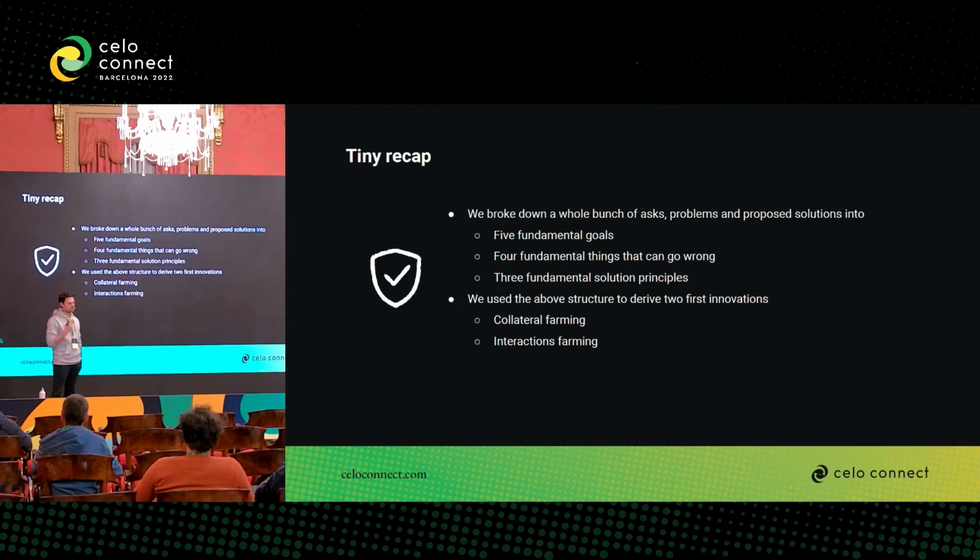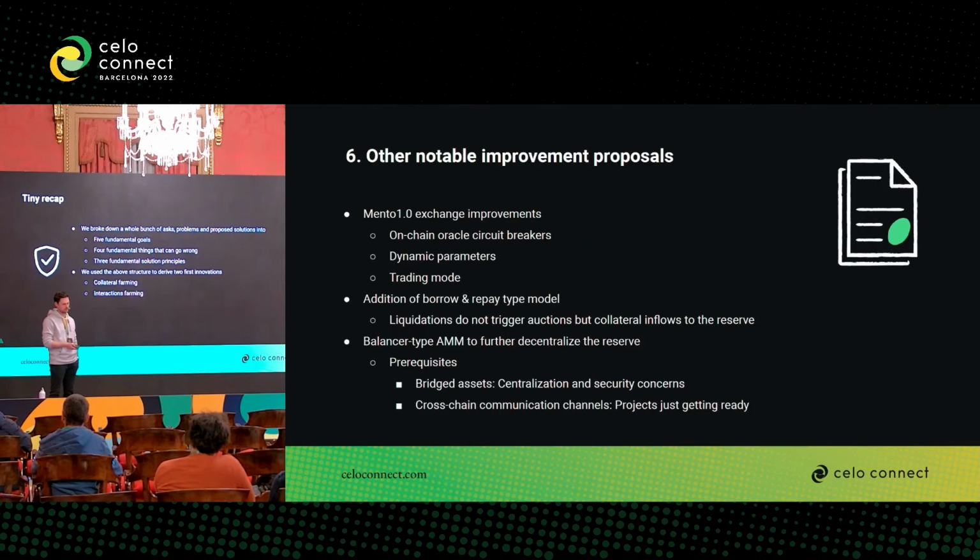Tiny recap: we have identified 5 fundamental goals, 4 fundamental things that can go wrong with stability, and 3 fundamental solution principles, and we tried to apply all those things to figure out what 2 innovations could look like that actually improve the system. And those 2 main innovations are collateral farming and interaction farming.